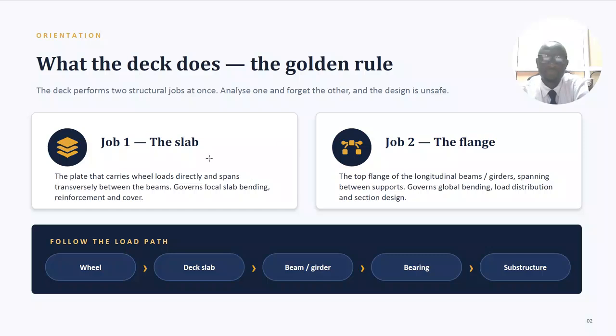So you need to know that. Then job 2 is the flange, the top flange of the longitudinal beams, or girders, spanning between the supports, governing global bending, load distribution, and section design. Sometimes we find it nice to say global effect analysis, while here is the local effect analysis. So follow the load path from the wheel, deck slab to beam, girders, bearing, and substructure, as simple as that.